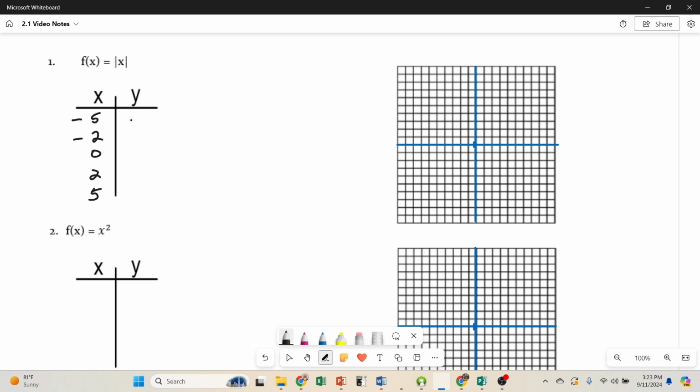The absolute value of -5 is +5. The absolute value of -2 is 2. 0 is 0. 2 is 2. 5 is 5. So I end up with a graph that looks like so.